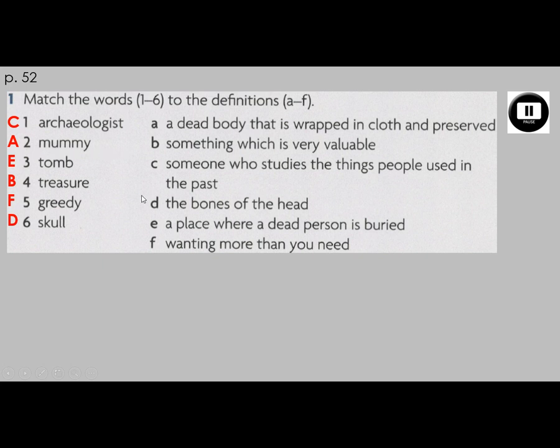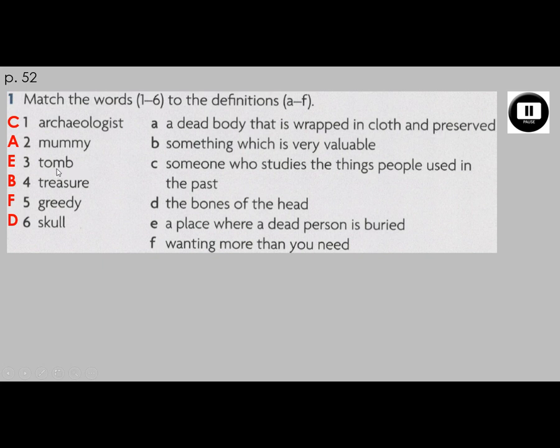A mummy is a dead body that is wrapped in cloth and preserved. Preserved means not damaged, not destroyed, not harmed, stayed the same. So a dead body that is wrapped in cloth and stayed the same, not harmed, not destroyed.